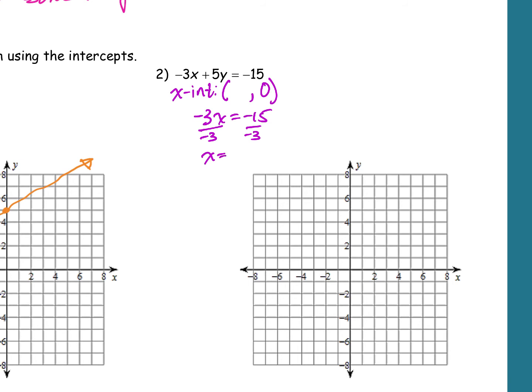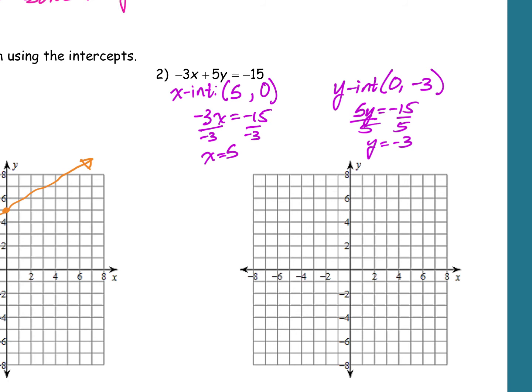And x is going to equal +5 again. And then I have my y-intercept, where my x equals 0. So this time my x term is going to be 0, so I'm going to end up with 5y equals -15. Divide by 5, y equals -3. So I have my two intercepts.